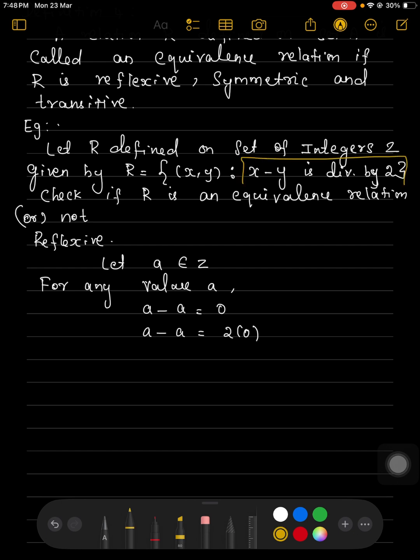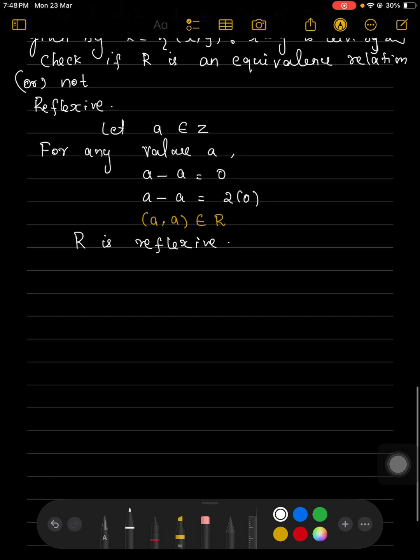If x minus y is divisible by 2, then (x, y) is in relation. I have here a minus a is divisible by 2. So which pair is in relation? From this I understand that (a, a) satisfies the given condition, therefore (a, a) is in relation. It is true for all the values. Okay, so R is reflexive.